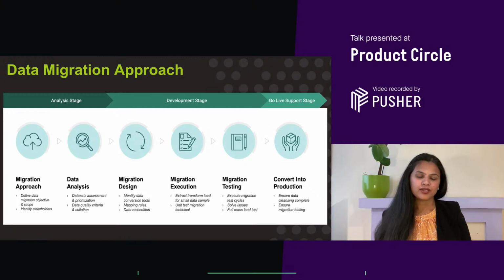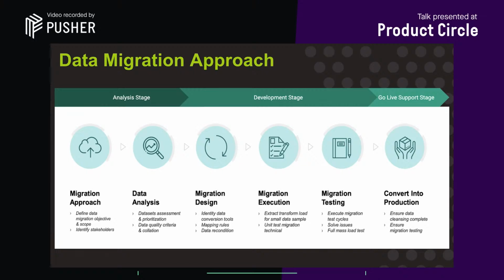Now, let me talk through the approach we have taken to achieve the overall strategy and execution. As you see here, there are three key stages: analysis, development, and go live and support. During the analysis phase, we set objectives, scope, and success criteria, along with identifying and engaging with key stakeholders and partners, which includes customers as well.